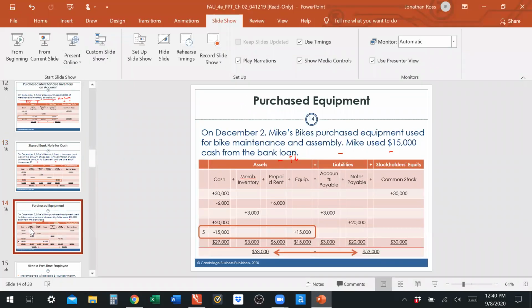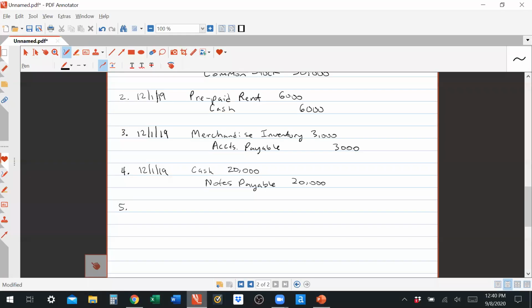We purchased equipment and we paid cash for the equipment, $15,000. Both are assets, cash and equipment. Equipment goes up by 15,000, cash goes down by 15,000. So we're going to debit equipment for 15,000 because it's an asset and it went up. We make an asset go up with a debit.